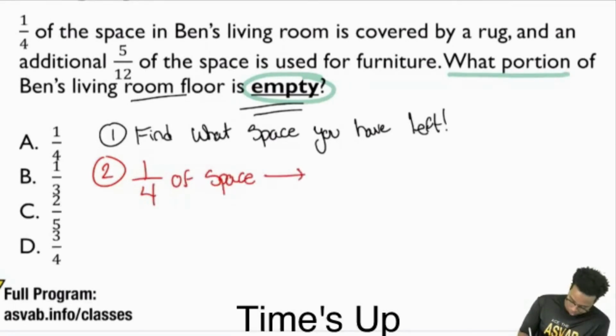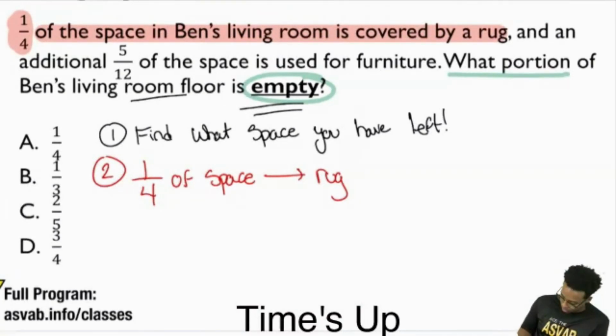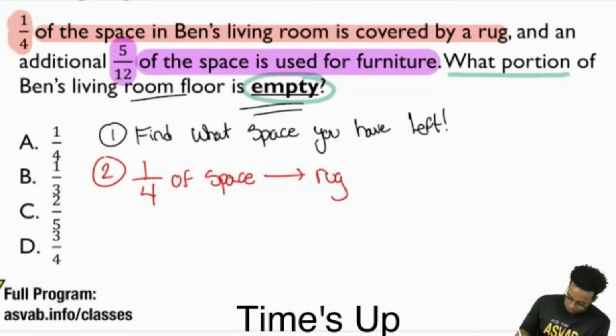That is for the rug. And then we also have over here, let me just highlight this in red. All right. And then we have over here, 5/12 of that space is used for furniture. Okay, cool.